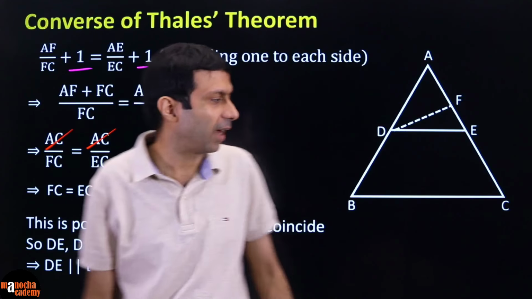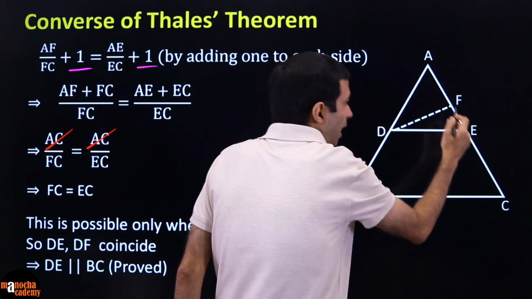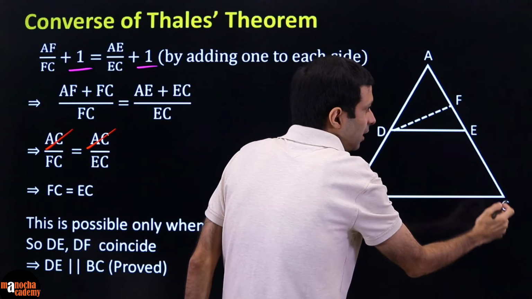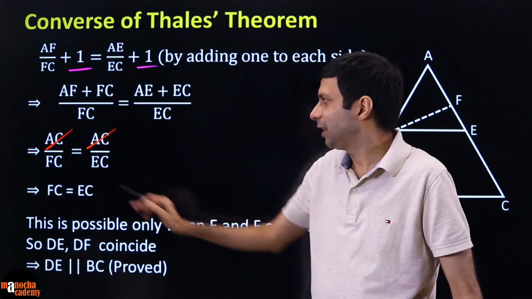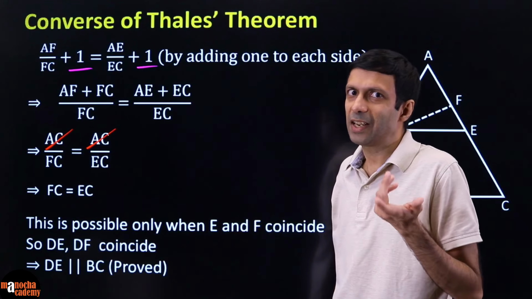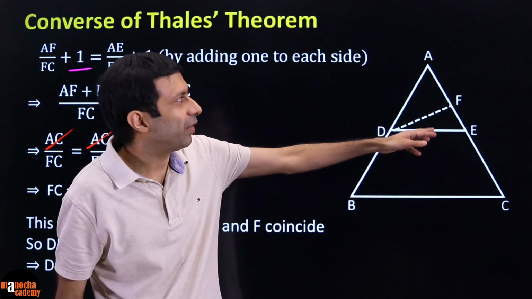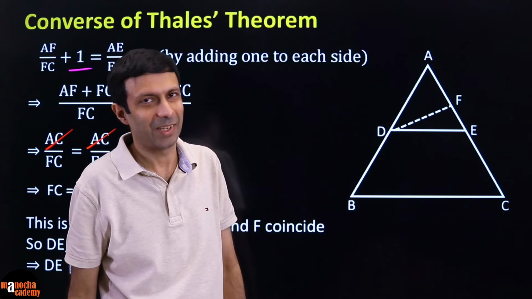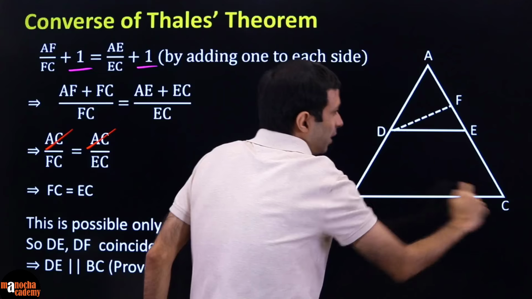Now carefully look at our diagram. We are basically saying that FC is equal to EC. This can only be possible if E and F are the same. Yes, because how can FC equal EC?